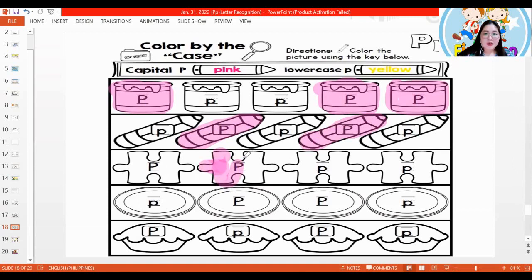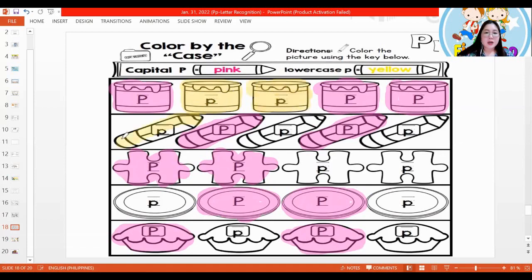So we have a pot, we have pencil, we have a puzzle, we have plates, and we also have a pie. And they all begin with the letter P. And then we have color yellow this time for lowercase letter P. So let's start with all the lowercase letter P pots.